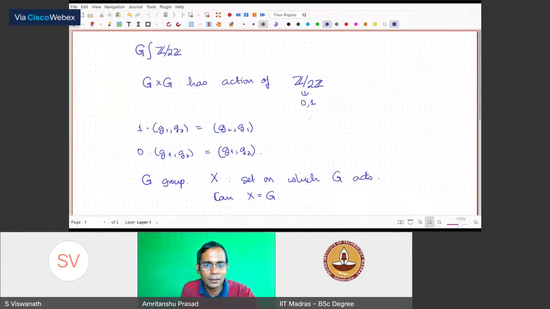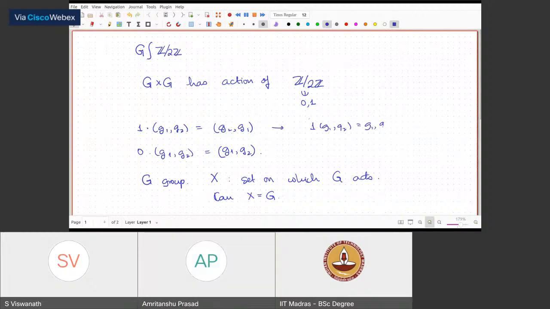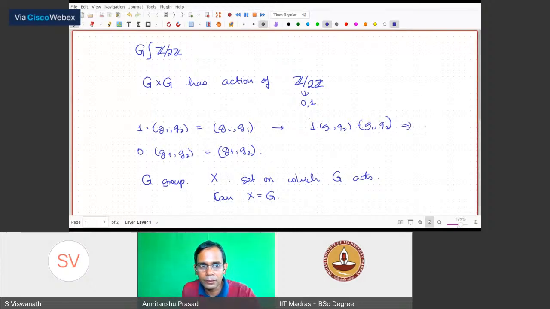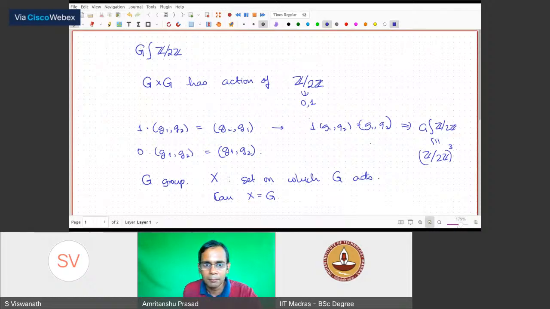Here you could in principle have one G1, one G2. If you do this, then G wreath Z mod 2Z is isomorphic to Z mod 2Z, but that's not usually the convention.